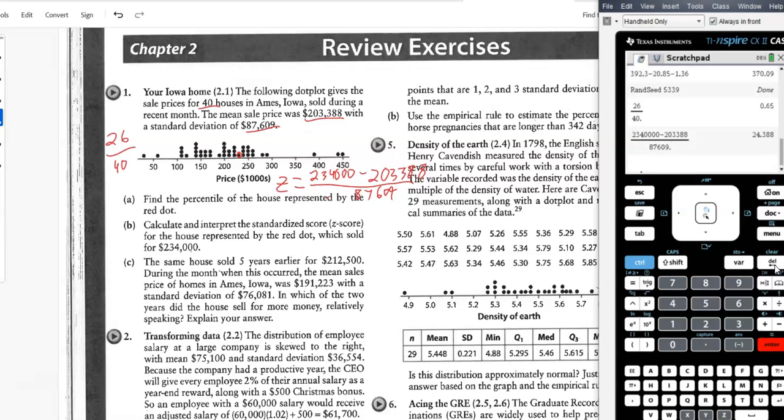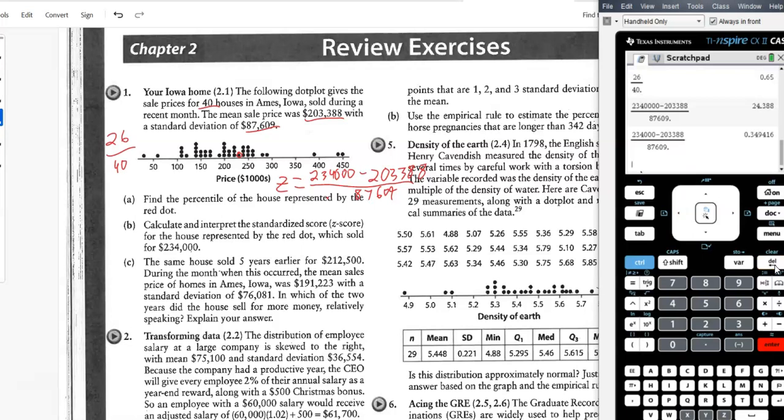That doesn't make sense. Okay, let's see what I did wrong here. 34,203. I think I see it. I think you have too many zeros there, right? There it is. I just mistyped it.